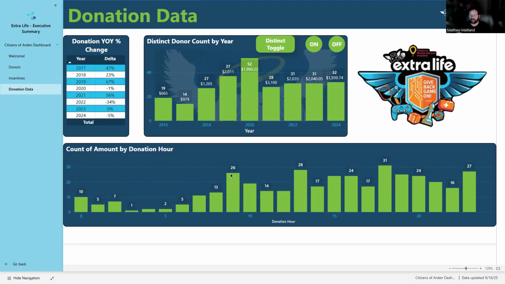And then the last thing down here is the count of amount by donation hour. This is how many different donations we got each hour historically. You'll see there is a big difference between midnight and 8 a.m. versus the rest of the day. So, science and old age have caught up with the Citizens of Arden team here at Extra Life.